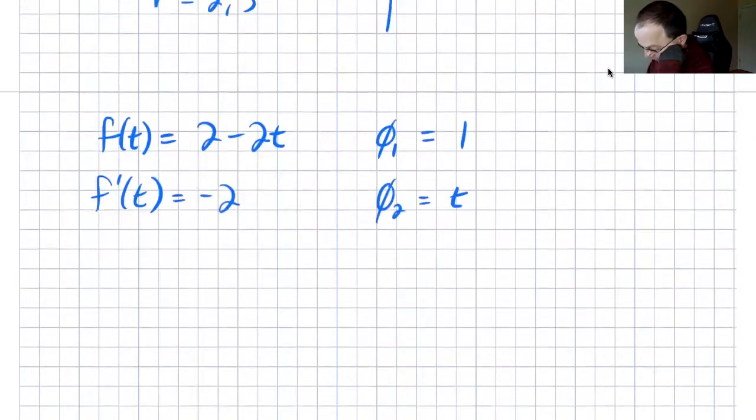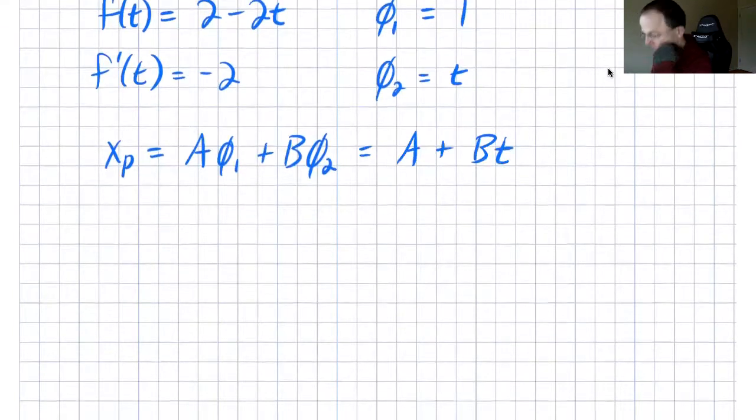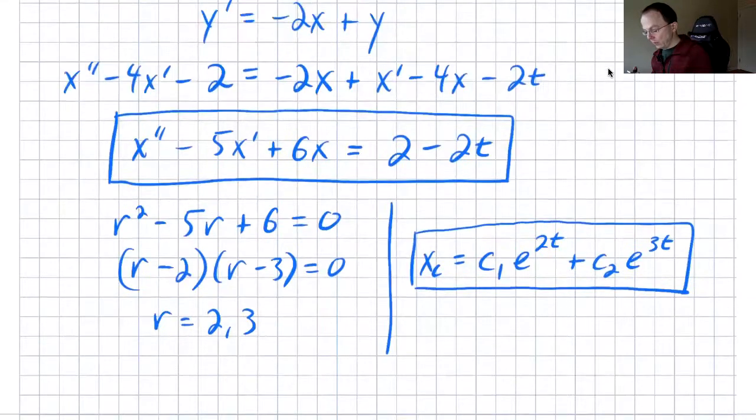And so now the particular solution we know is going to have the form a times phi 1 plus b times phi 2, and that is equal to a times 1, so I'll just write a plus b times t. So now we just take this equation and substitute it into our differential equation.